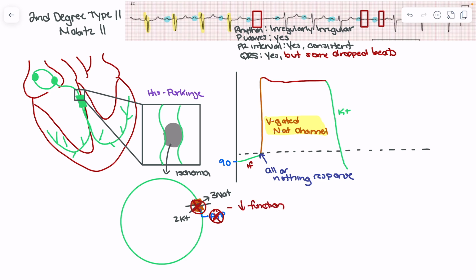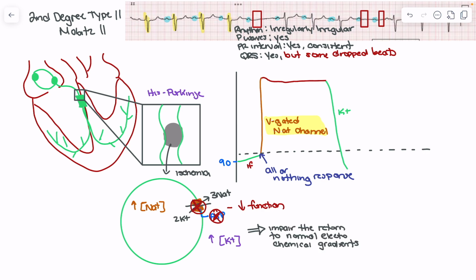We can think about a few of the consequences we're going to have there. One is that we're going to start to see an increased concentration of intracellular sodium. Remember, sodium should be our primary extracellular ion. The other consequence we're going to see is an increase in extracellular potassium. So we haven't had full repolarization, and we're going to start to impair the return to resting membrane potential, or to normal electrochemical gradients.